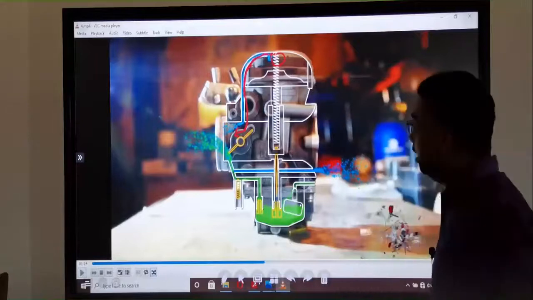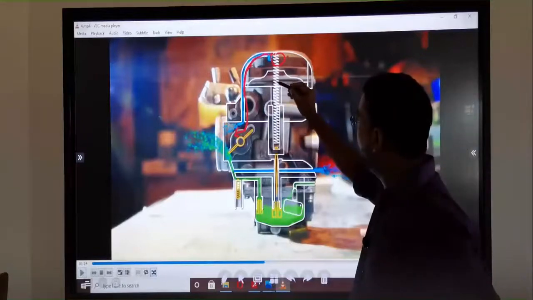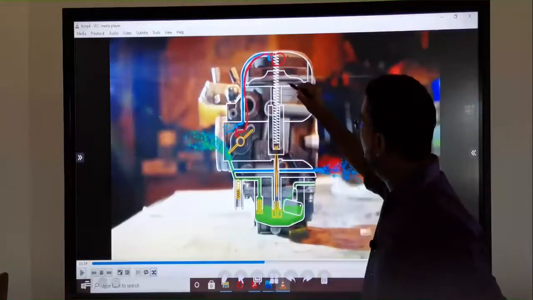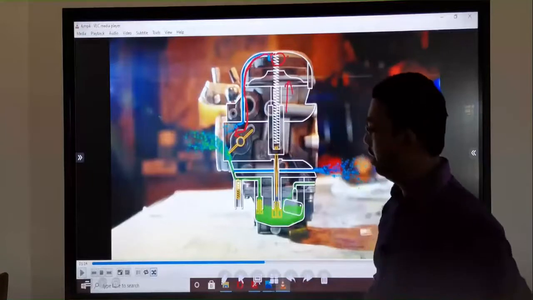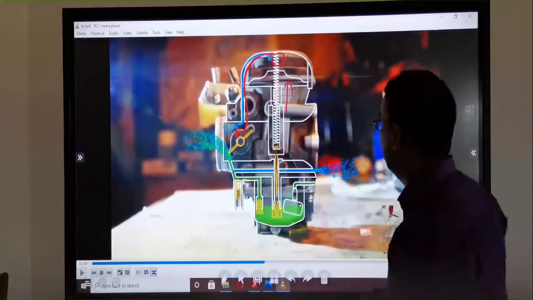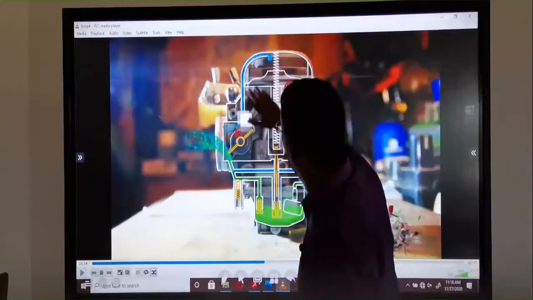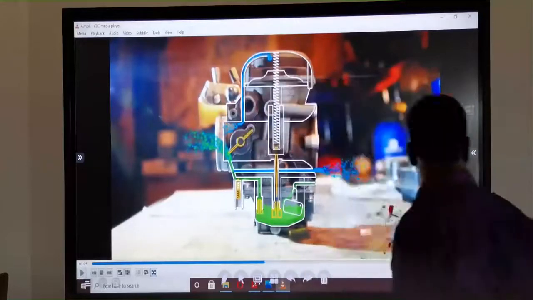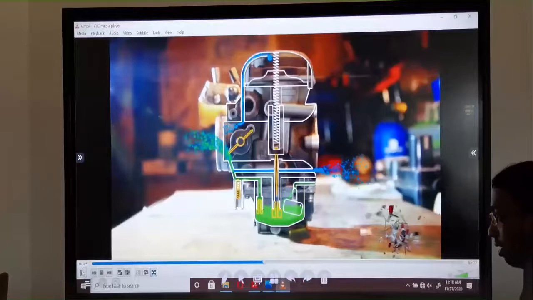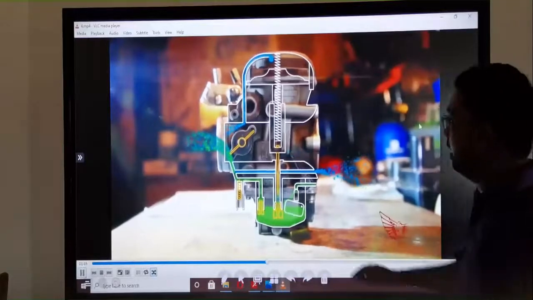So that piston, this diaphragm, with the piston set, starts to move like this. As you can see, it starts to move like this.